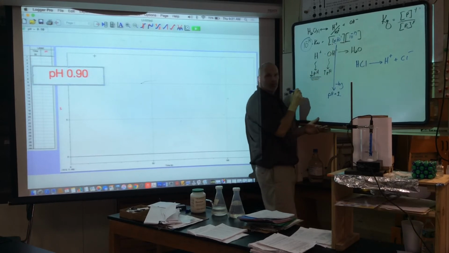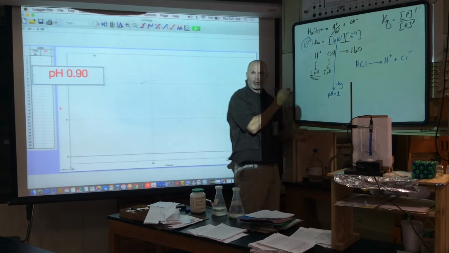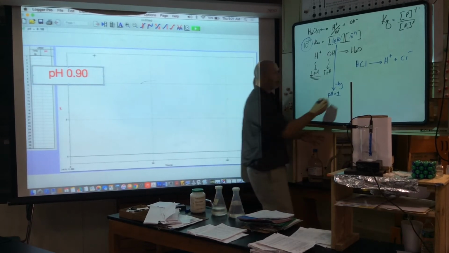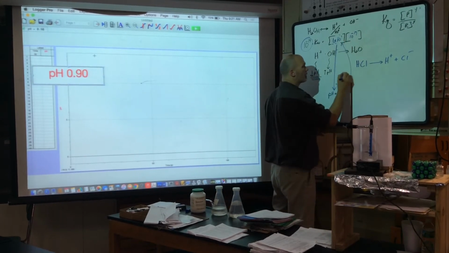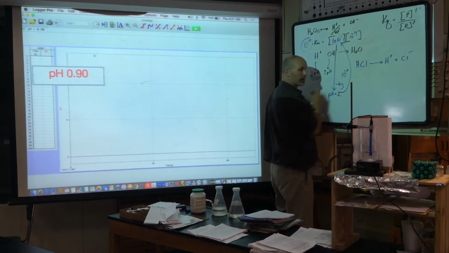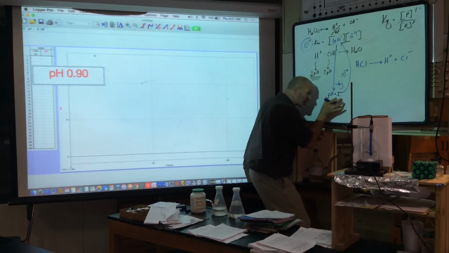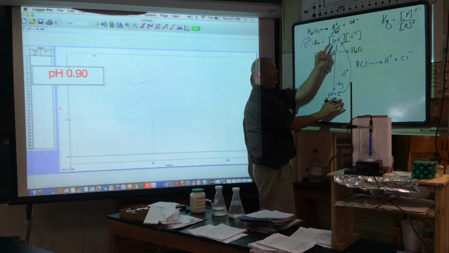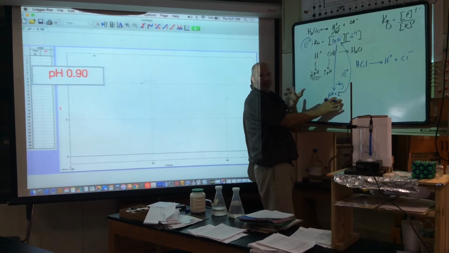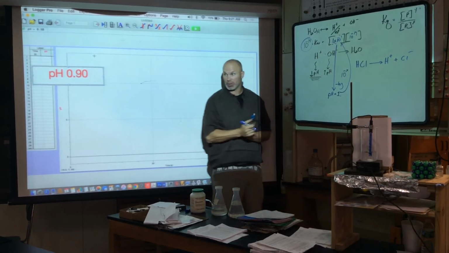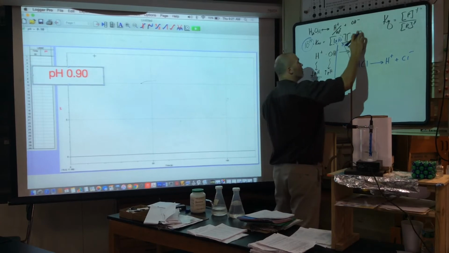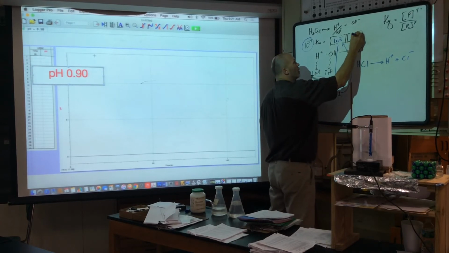Right. To go from here back here, we go 10 to the negative what? X. Remember, this is an exponent. That's negative on a base 10. It's not always going to be a whole number, but these examples, I'm being nice. You with me? What must this be? Negative. Good stuff right there.